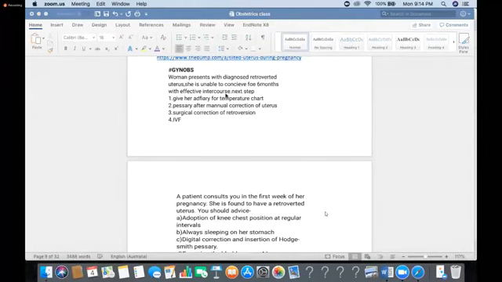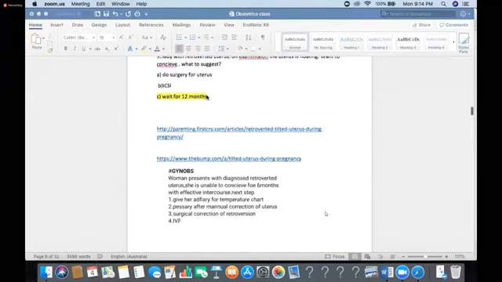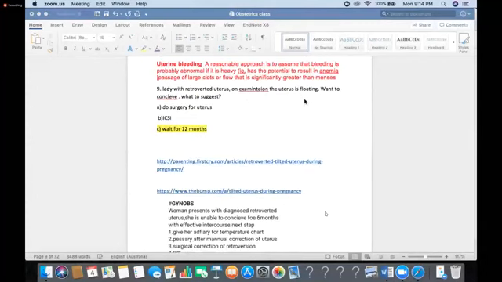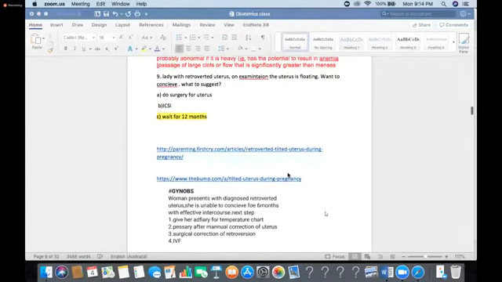Here the question says effective intercourse. In the other question, nothing is mentioned about intercourse, so you will have to ask about their sexual life too. Understood? If there is an option for incomplete sexual life or improper sexual life, then you have to choose that.